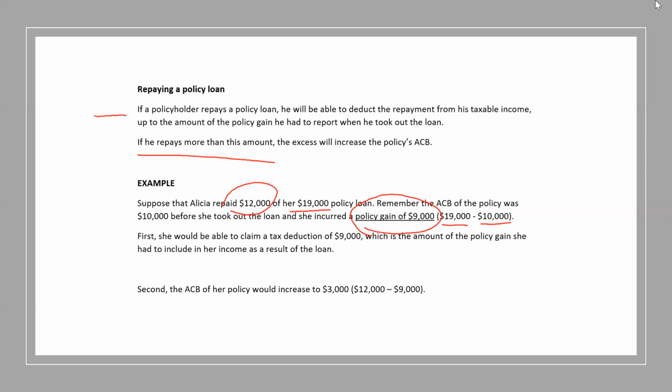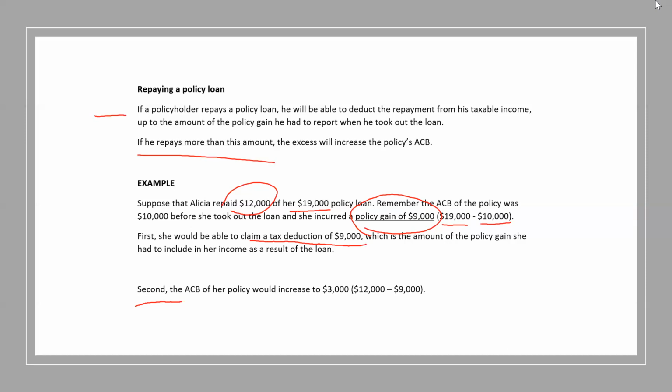All right, so the first thing that will happen is she will be able to claim a tax deduction of $9,000. So she will get some money back when she files her tax return next year. And second, remember the ACB was adjusted down to 0 before.